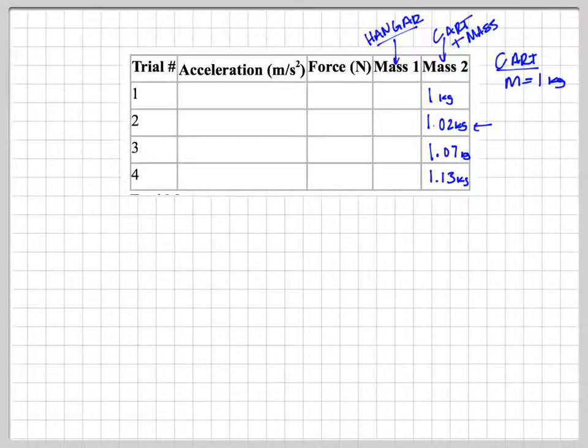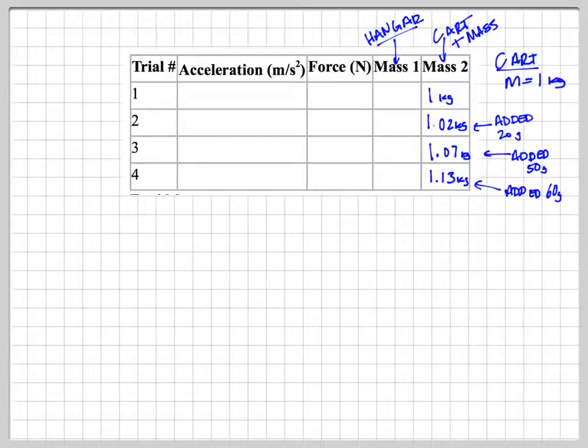Because we added a 20 gram mass here, and then we added a 50 gram mass, and we added another 50. Oh, did that backwards. Let's say we added 60 grams.